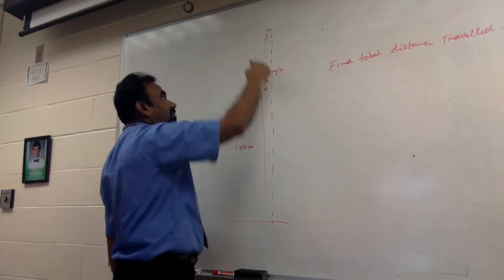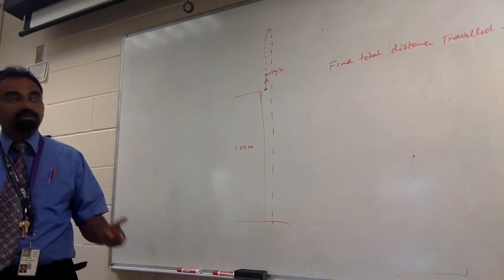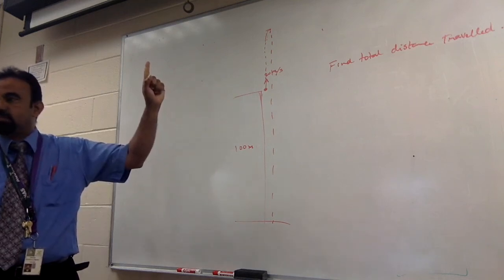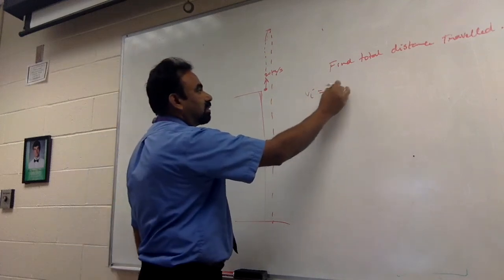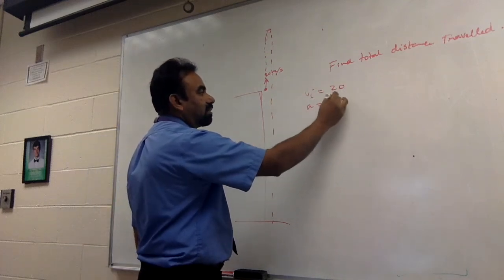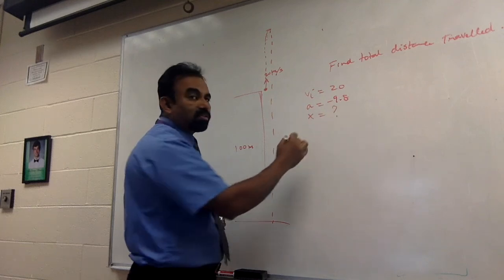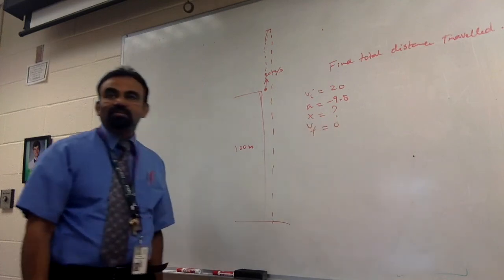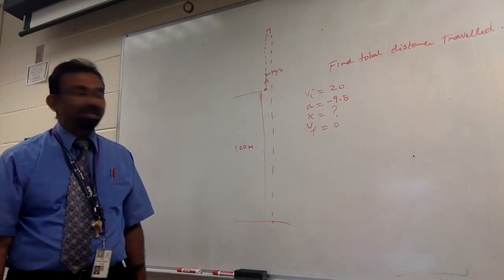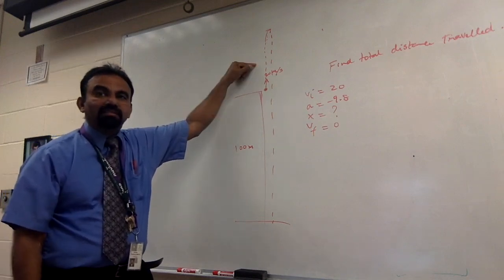Find the height reached first. How do you find it? Initial velocity is 20. Acceleration is? Displacement is what? What else do you know? Final velocity, 0. So you can find the displacement. Once you have that, what do you do next?